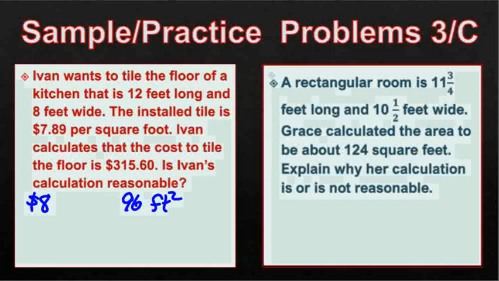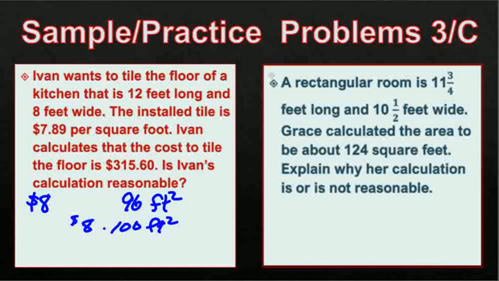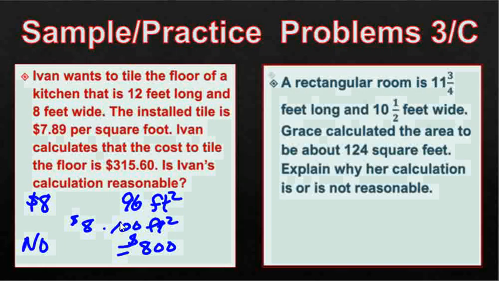Well, we can easily estimate that 96 square feet would be about 100 square feet. Multiply that by $8 a square foot, that would be roughly $800. Is his calculation reasonable? No, it's too low.